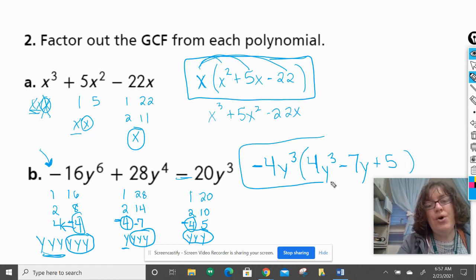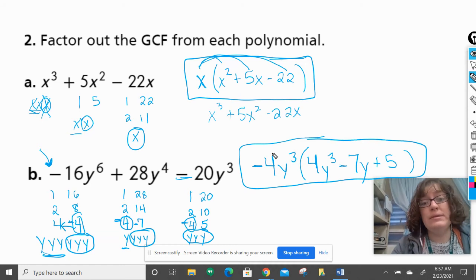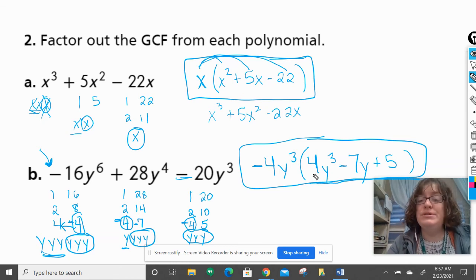I can check this by distributing and making sure I get back to my original. And I can know that I have found the greatest common factor if when I look inside the parentheses, I don't see anything else in common. So when I look at these numbers, 4, 7, and 5, nothing in common, and I don't see y's on every one of those terms. That means I've pulled the correct number of y's out front.